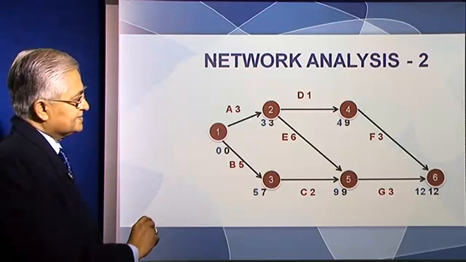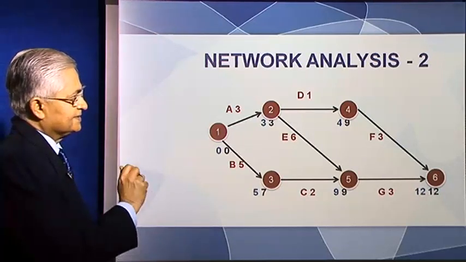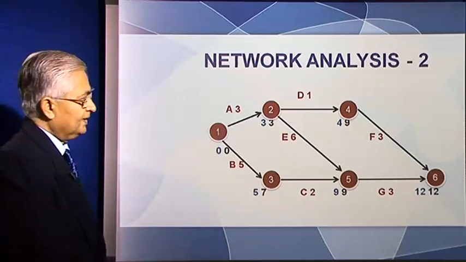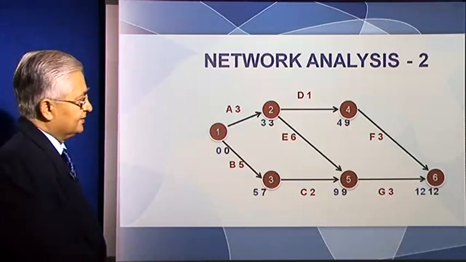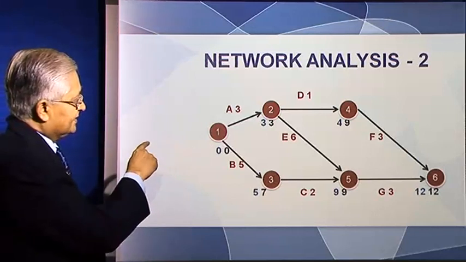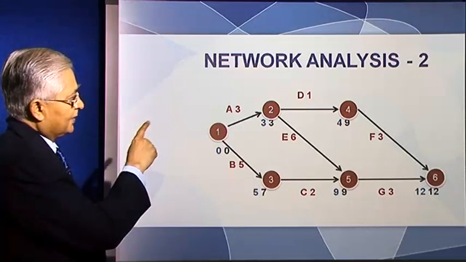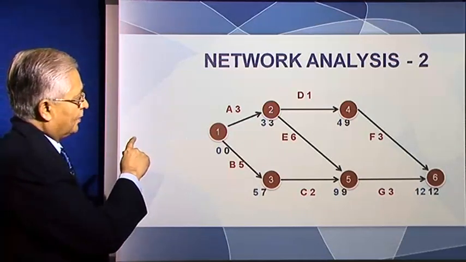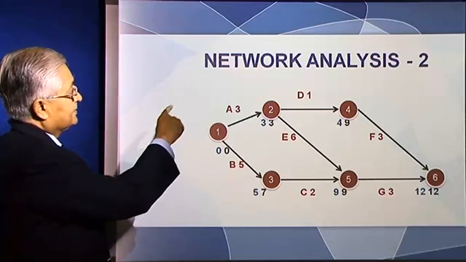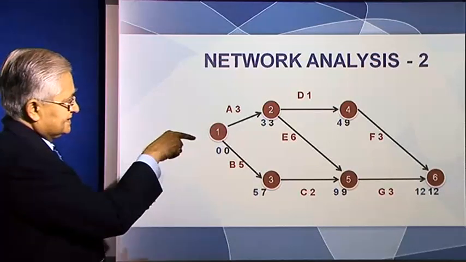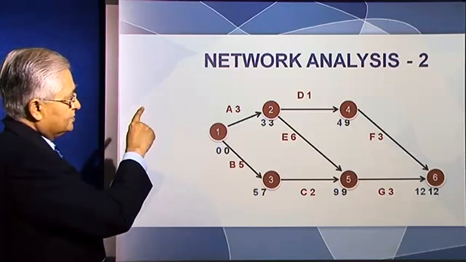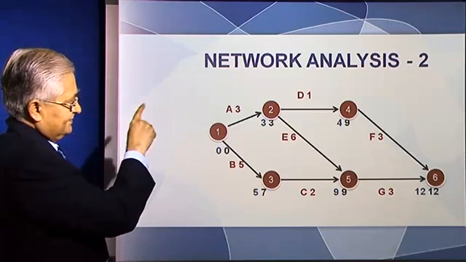Now, which is the route that determines this? It is the route which is the longest. If you look at these, you start at 1 and you end at 6. One way of reaching that is that way. Another way of reaching it is this way, 1, 2, 5, 6.